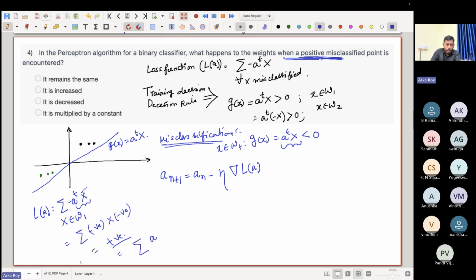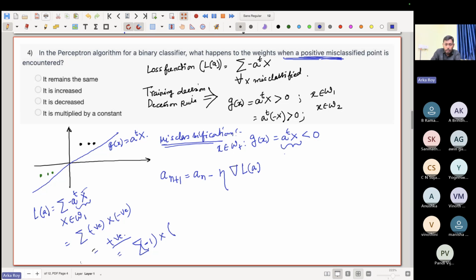So I can equate it like this. It would be minus 1 multiplied with the value, which is negative.